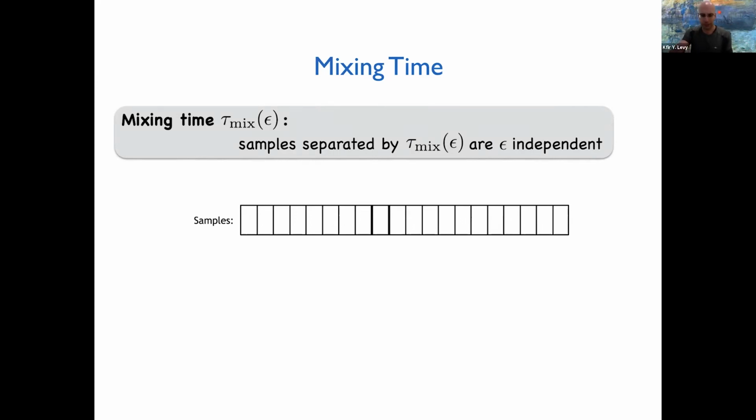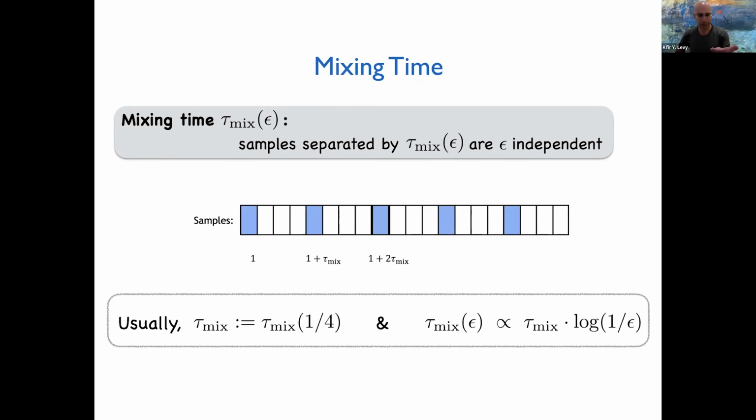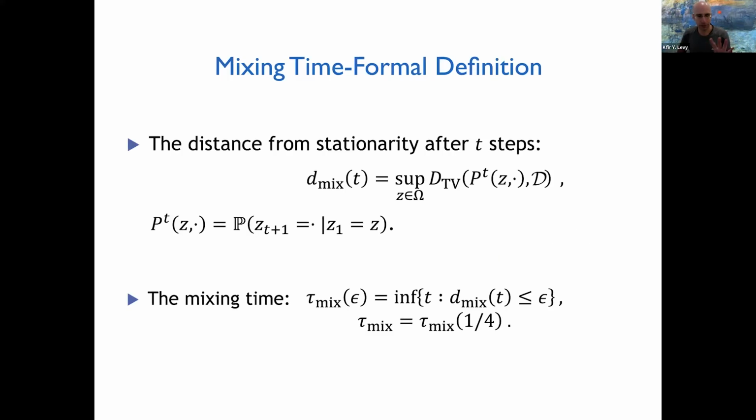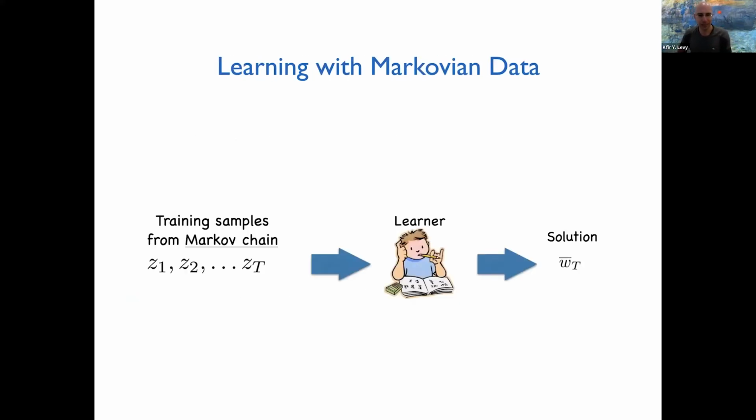For example, if these white squares are the samples of the Markov chain, and we take this comb of samples separated by tau mix, then these blue samples are effectively independent. I will not get into the formal definition, but keep in mind that if we wait tau mix between samples, they are effectively independent.